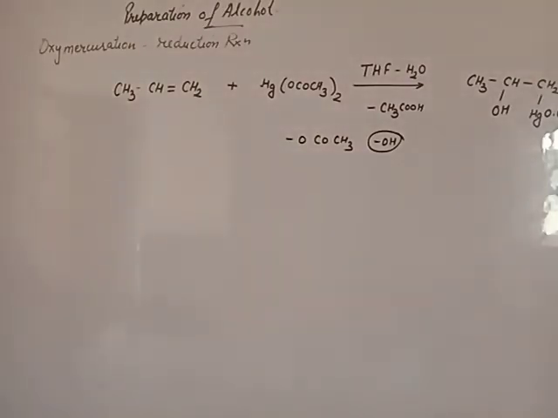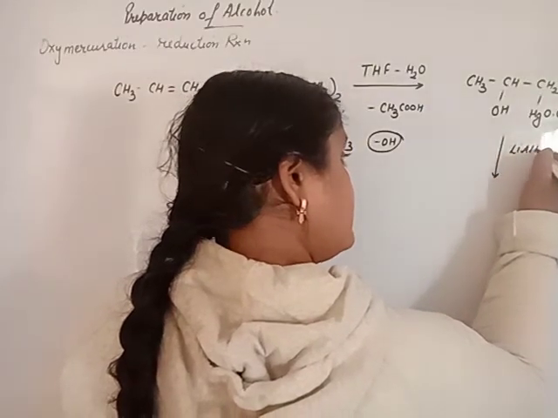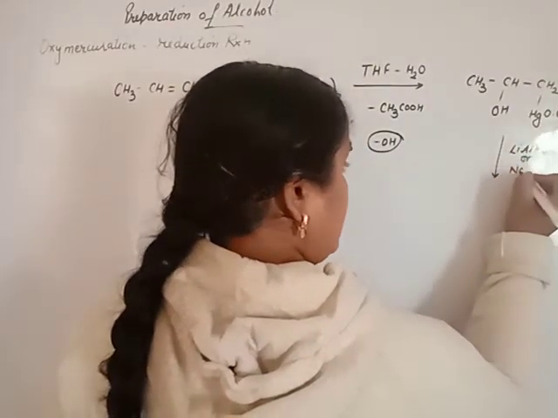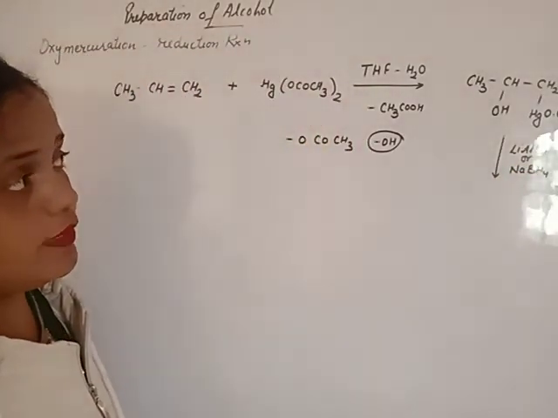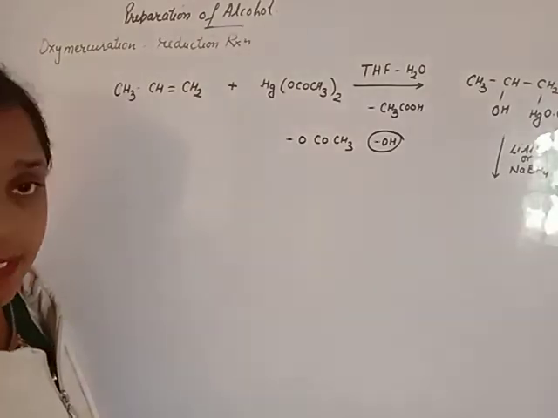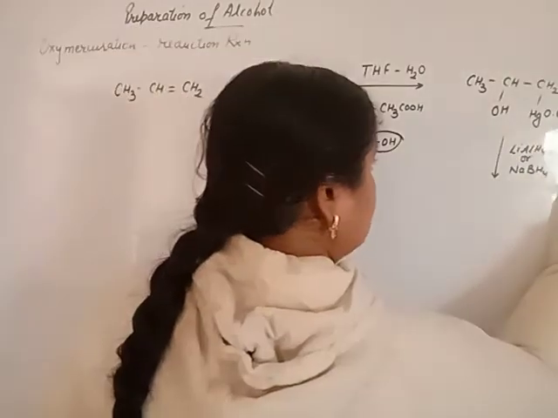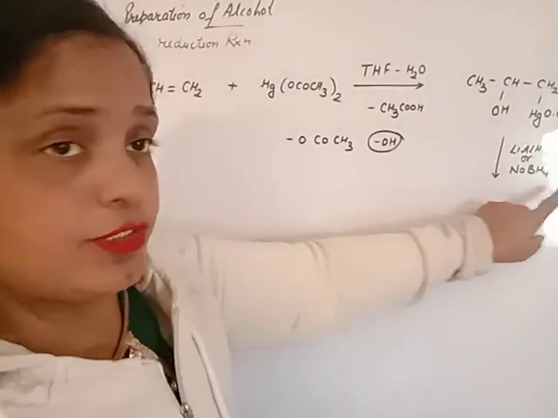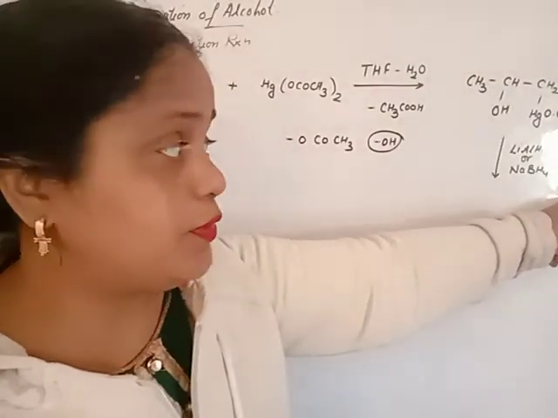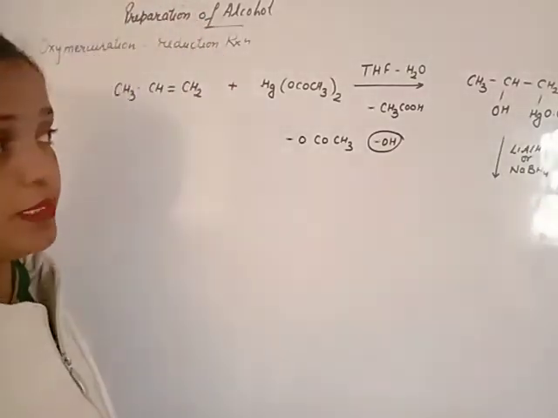Beta, reduction takes place under a strong reducing agent. This strong reducing agent may be lithium aluminum hydride or sodium borohydride. When sodium borohydride is treated with this adduct, beta, it will produce nascent hydrogen as much as you require. Both of these function to release atomic hydrogen, that is nascent hydrogen, as much as you require.